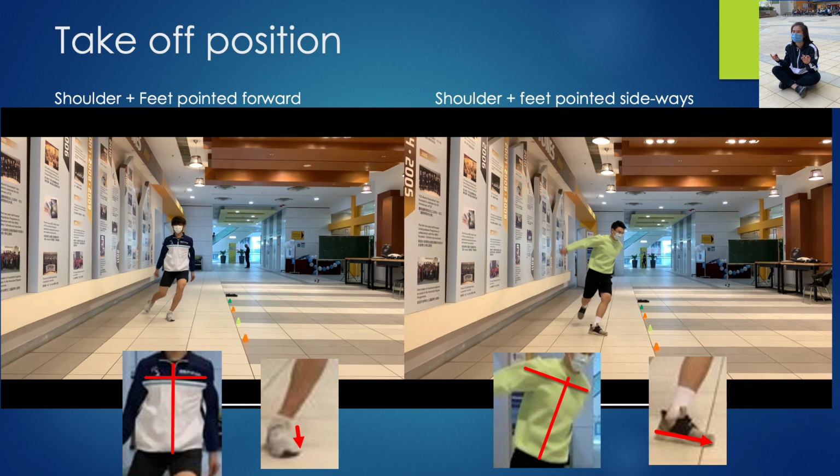The trunk and the shoulders should always face forward before the turn, while the takeoff feet should also point forward. In the photo, we can see that the trunk, shoulders, and feet of Cash all point in the wrong direction. That may affect the height of the jump, and he would also easily lose his balance.